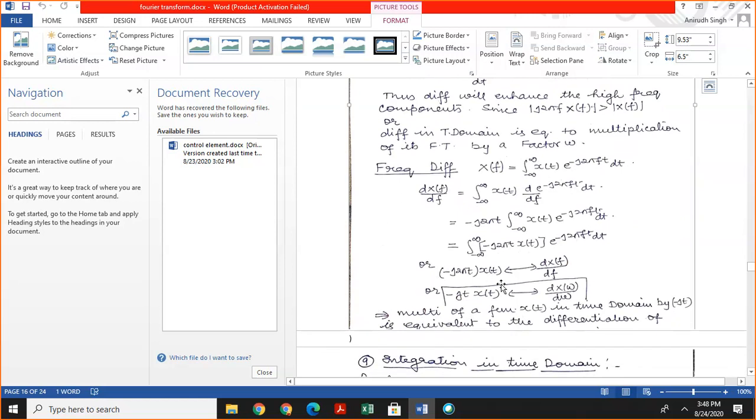So we can say that differentiating in the frequency domain means the signal x of t in time domain is multiplied by minus j 2 pi t. Or here in this case dx of f by df, and in the second case dx of omega by d omega, the time domain signal is multiplied simply by minus j t.